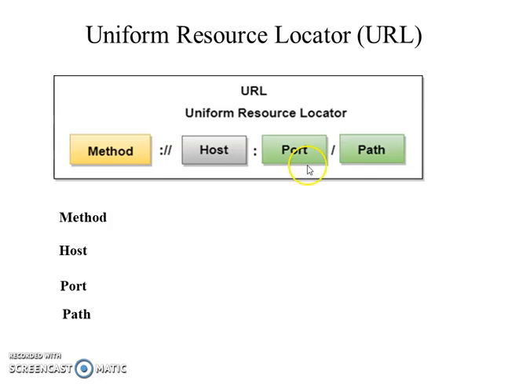And the fourth one is path. Path is the path name of the file where the information is stored. The path itself contains slashes that separate the directory from the subdirectory and files.